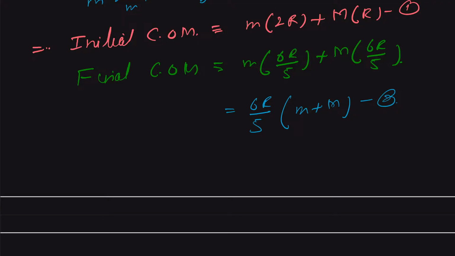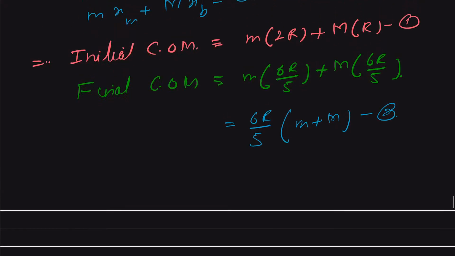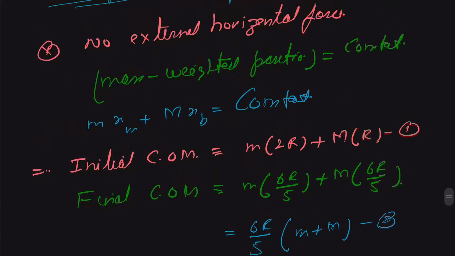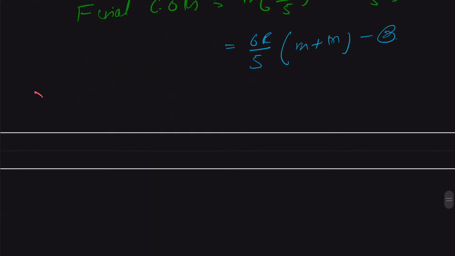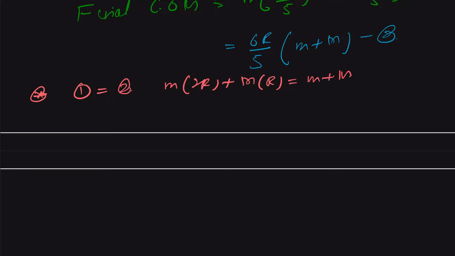Okay. So here it is constant. So we can say the initial center of mass position is equal to our final center of mass position. Therefore, equation 1 is equal to equation 2. So we can write this as m times 2r plus M times r is equal to m plus capital M multiplied by 6r upon 5.